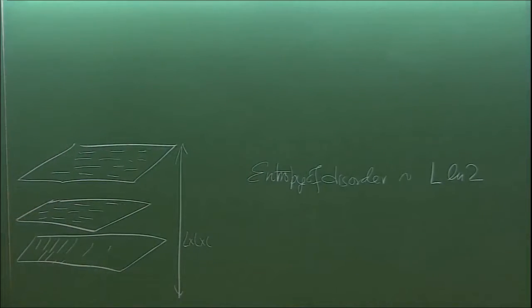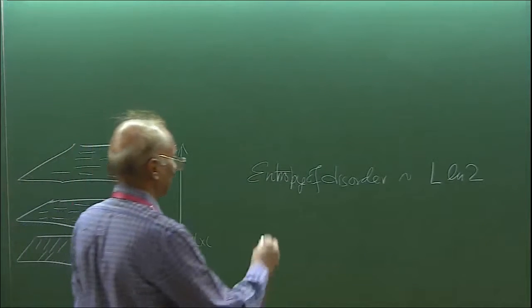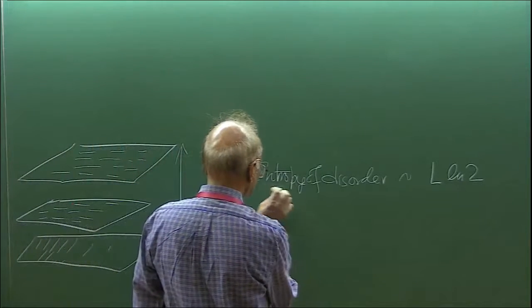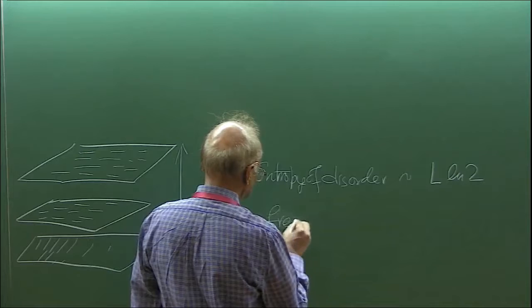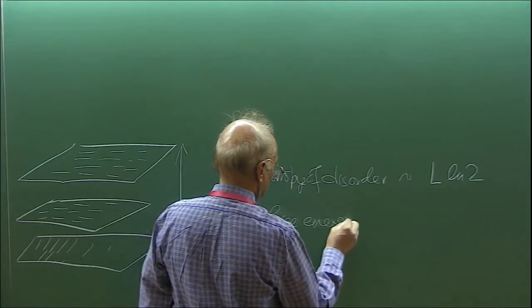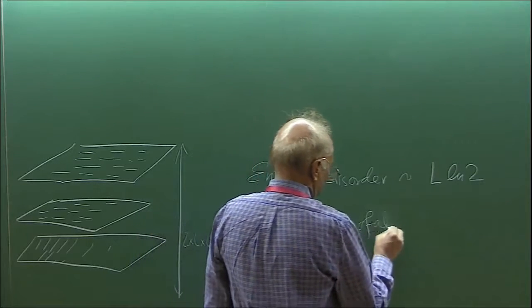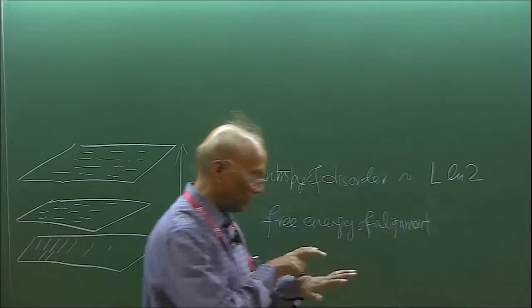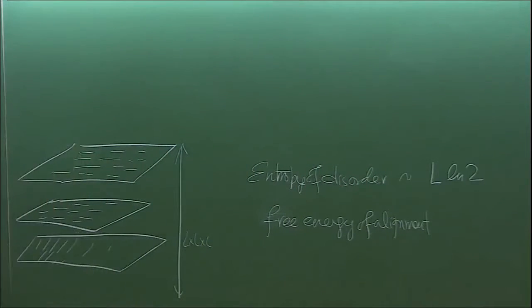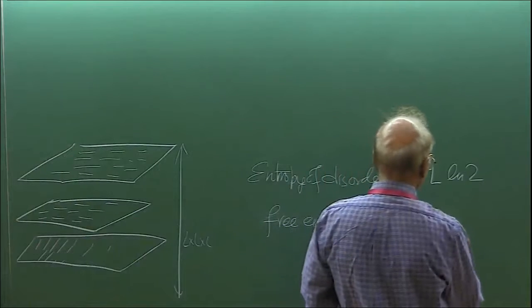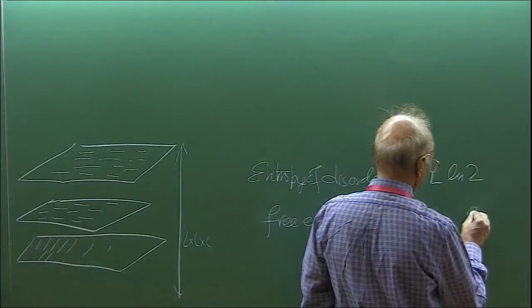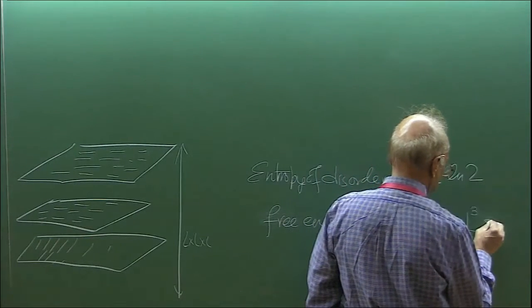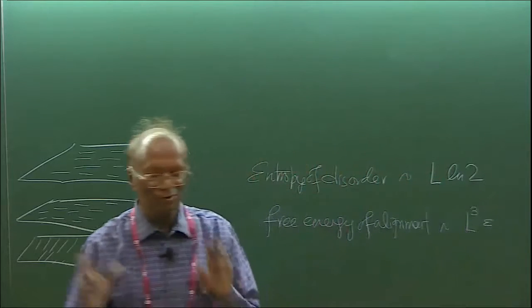However, if these are aligned parallel, there is a free energy of alignment which comes from the fact that if they are parallel, then some Z rods can actually come, and they will be more often coming if these are parallel. But that energy goes like L cubed epsilon, where epsilon is a very small number.